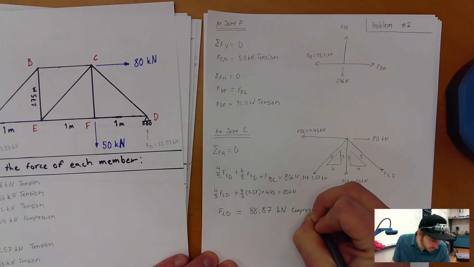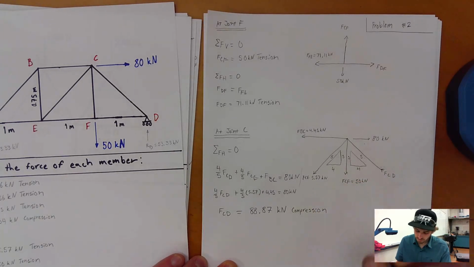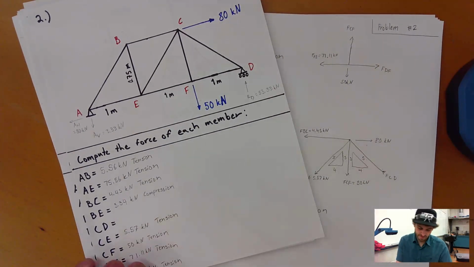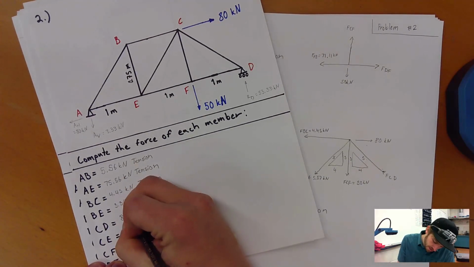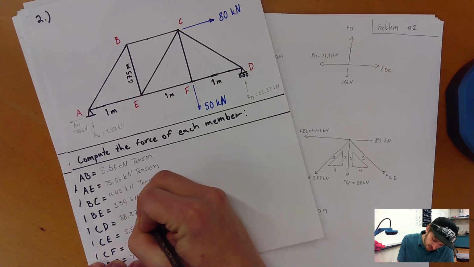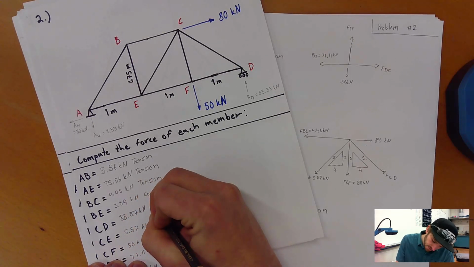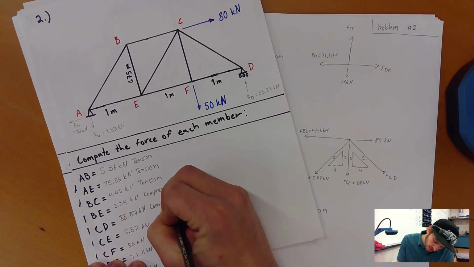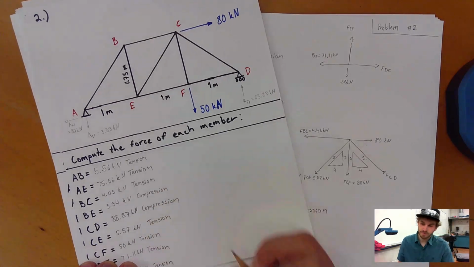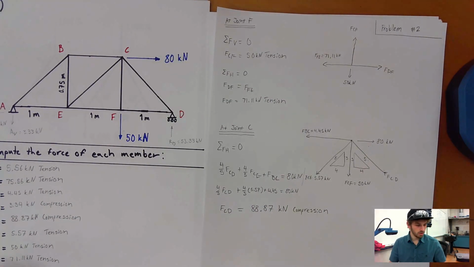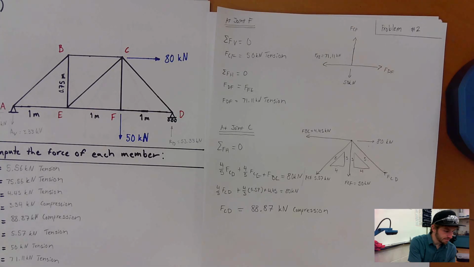All right, FCD, 88.87 kilonewtons in compression. Whoo, let's go.